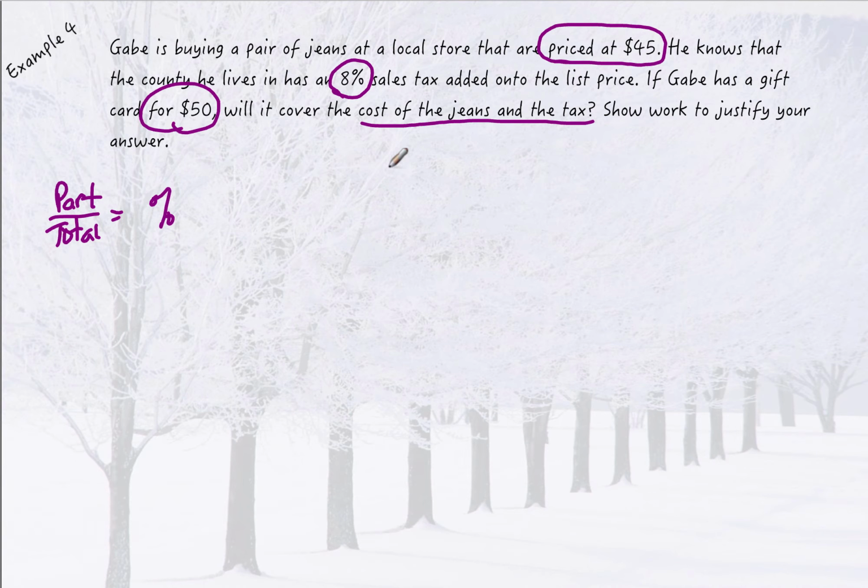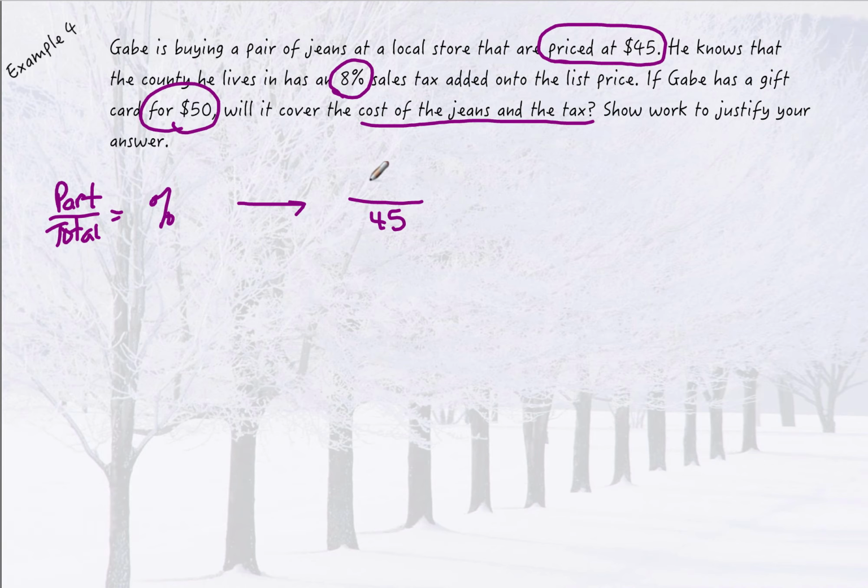I don't see any is's or ofs in there. So, you could do it a lot of ways. You could do this. You could say my total is 45.